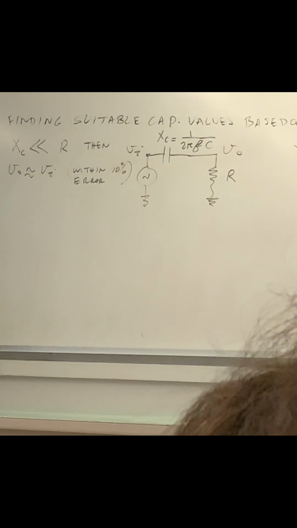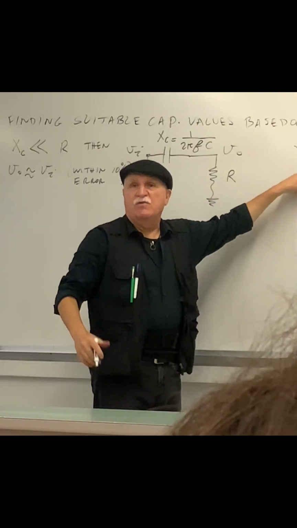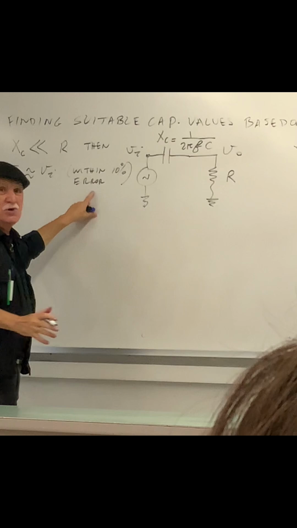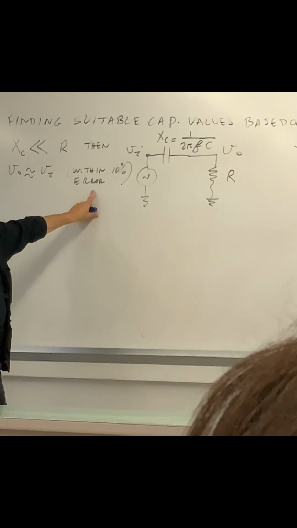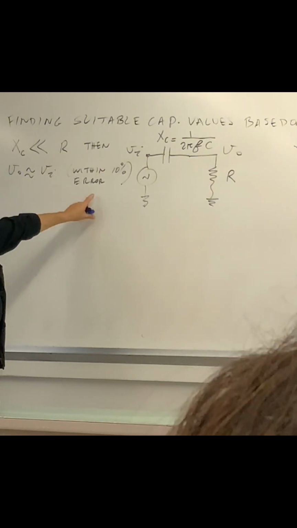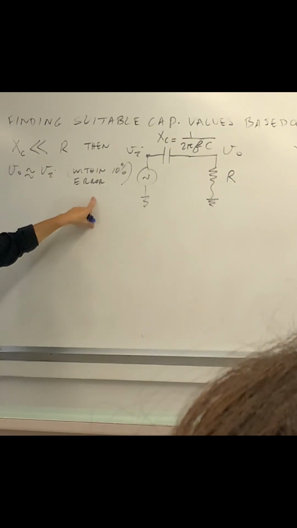And it will get even better if you go past that minimum frequency. So if at 80 hertz we are satisfied with a 10% discrepancy error, at 800 hertz it will be much, much smaller, maybe 0.1% error.